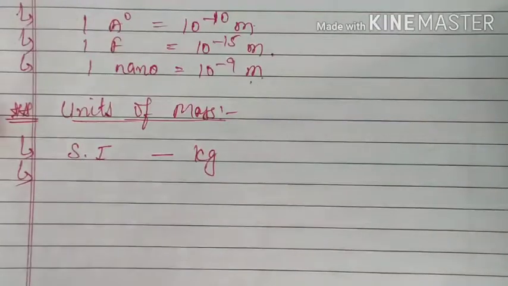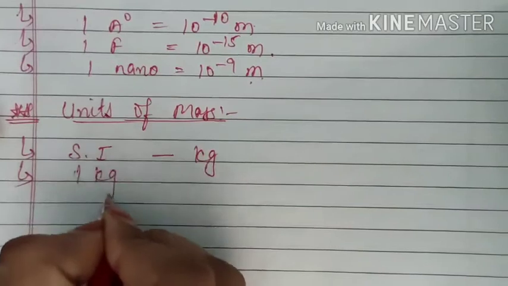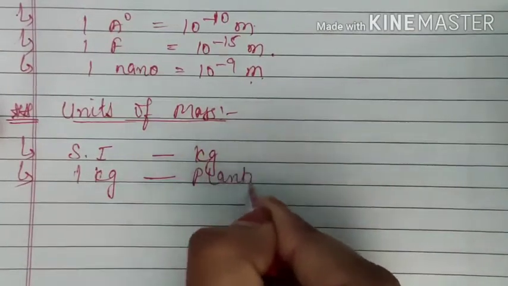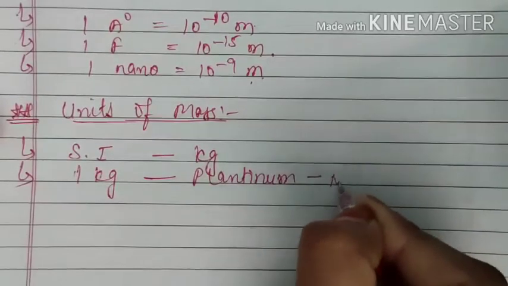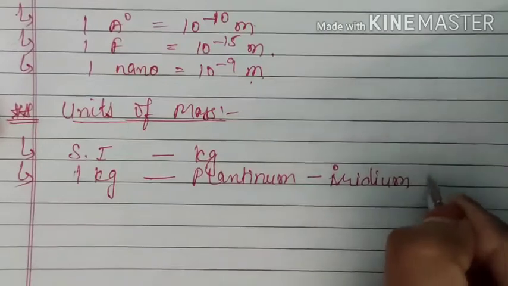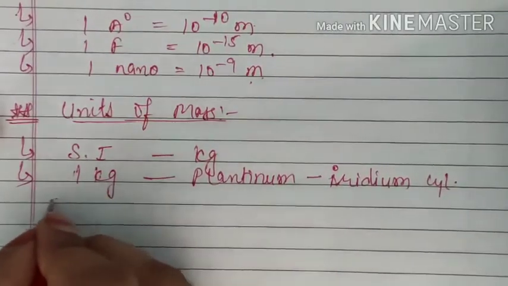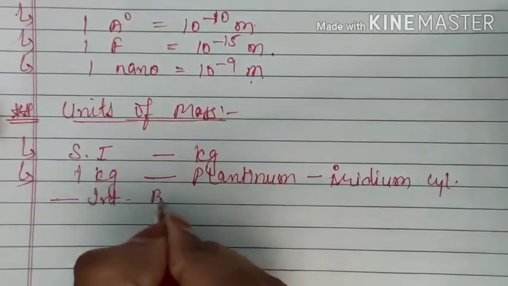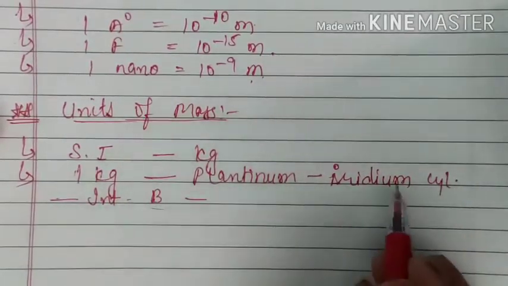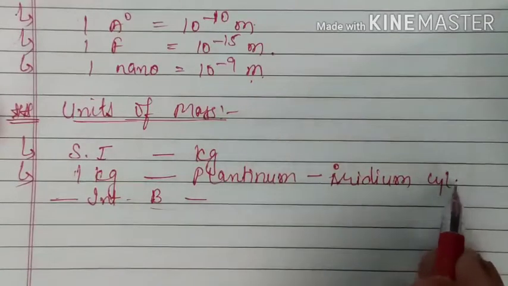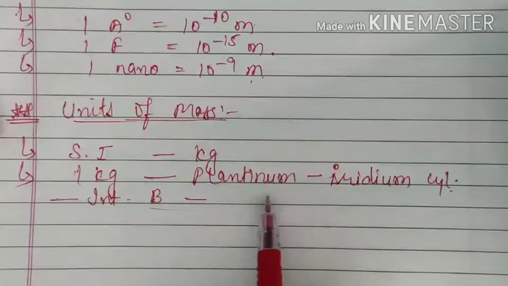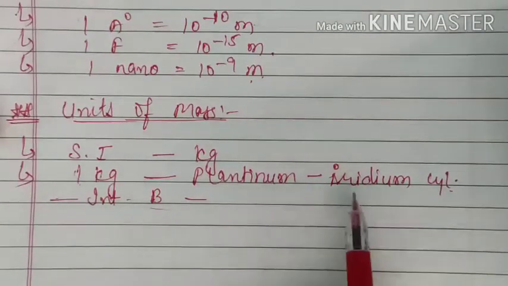So similarly here 1 kilogram is defined as one same platinum iridium cylinder kept in the same International Bureau, and the weight of this platinum iridium cylinder is said to be 1 kilogram. Rest of the things you can add if you want, that is 0 degrees Celsius and all that.